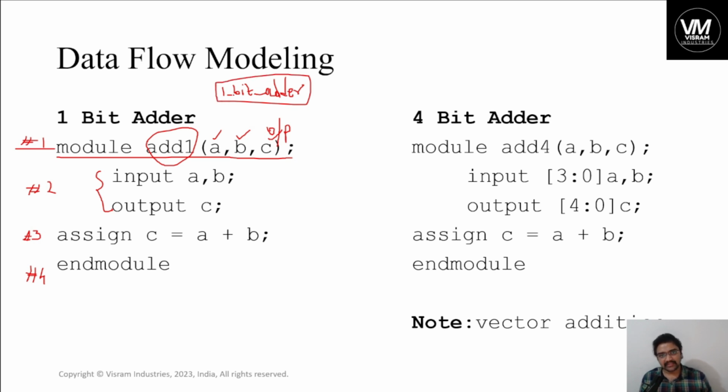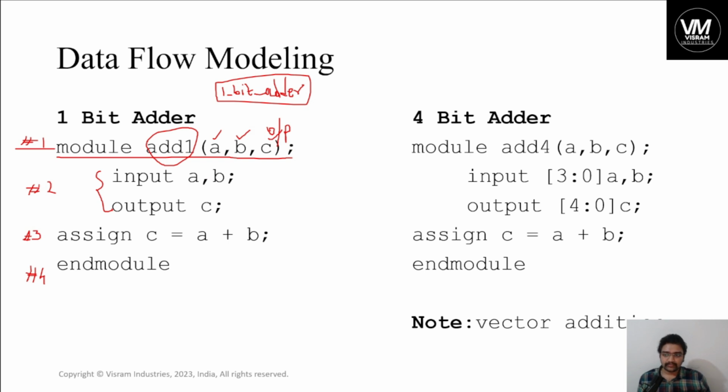If you give a space, the machine can't understand. Or you can simply write without underscores, 1-bit adder in a single word. It should be case sensitive. Write it in lowercase at all times and remember that name. So I have written add 1 without space, then inputs and outputs.